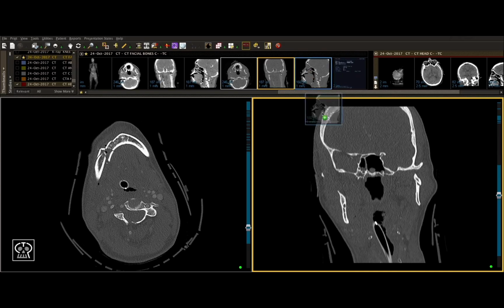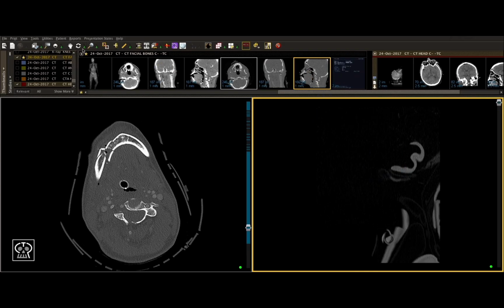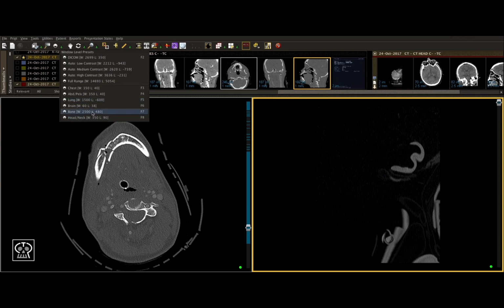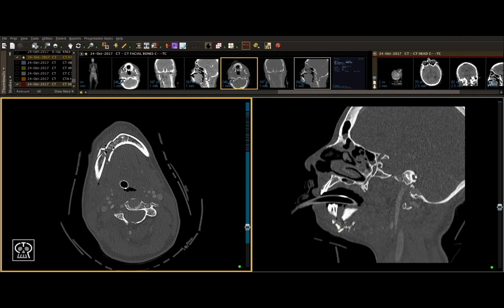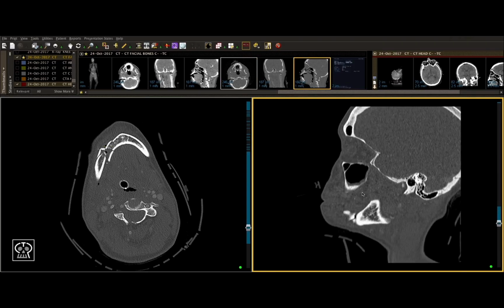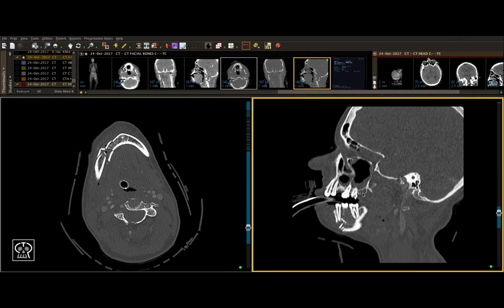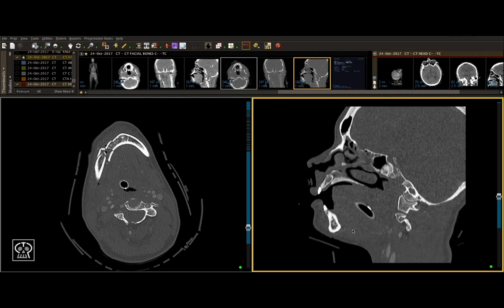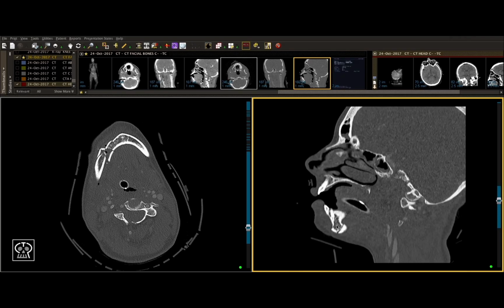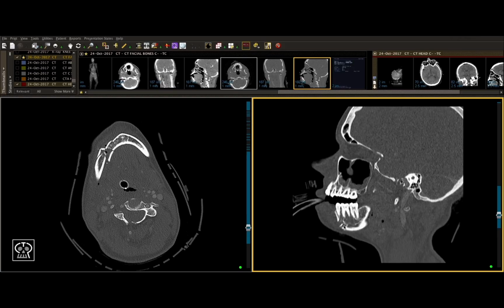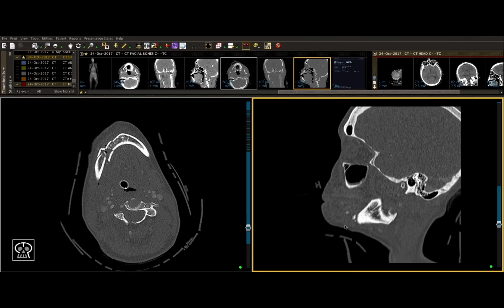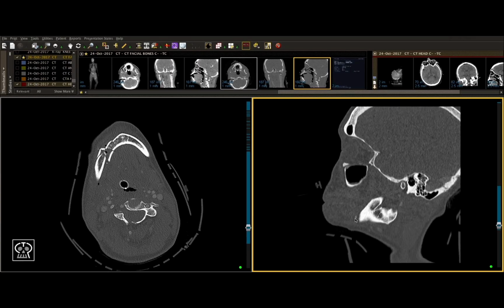We want to make sure we look at our fractures in the sagittal view as well, to make sure we get an appreciation of both fractures from three dimensions. Looking at our right comminuted body of the mandible fracture, you can see once again the displacement on the lingual side, the multiple pieces of bones and fragments, and the multiple fracture lines.